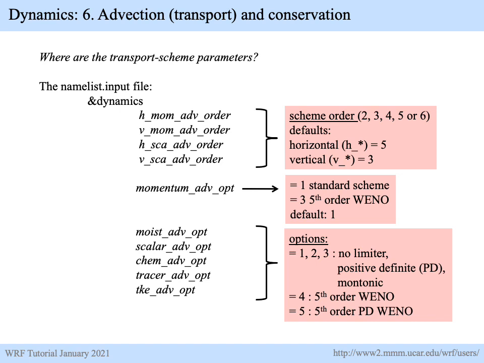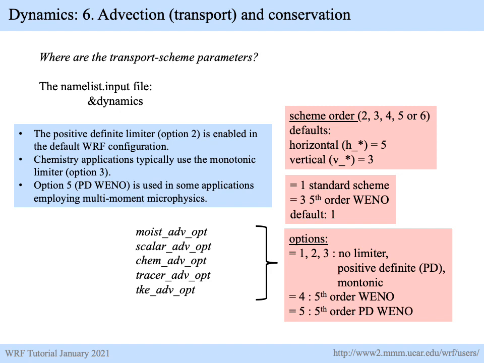There are a variety of parameters that control the horizontal and vertical scheme, the second through sixth order options. There's also ways to control individual classes of scalar transport, be they moist scalars, chemical species, tracers, turbulent kinetic energy that's used in some of the LES schemes. These are all available to you.